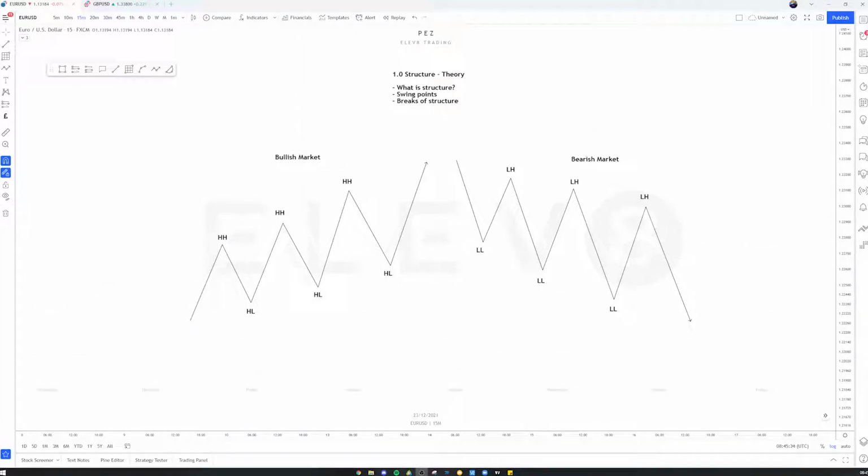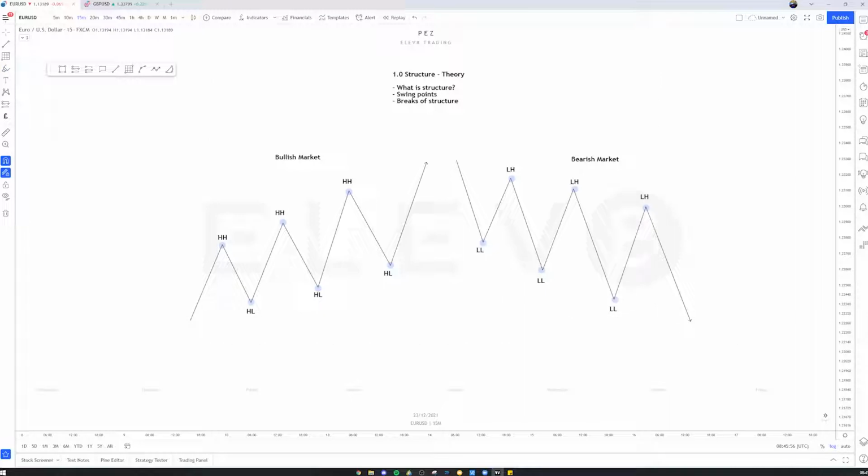What these levels are here are swing points. If we use a tool here, we can map on the swing points, and same for the bearish market. Each lower high and lower low is a swing point.